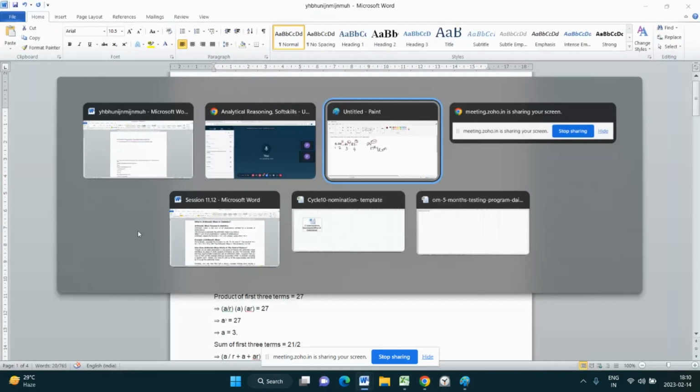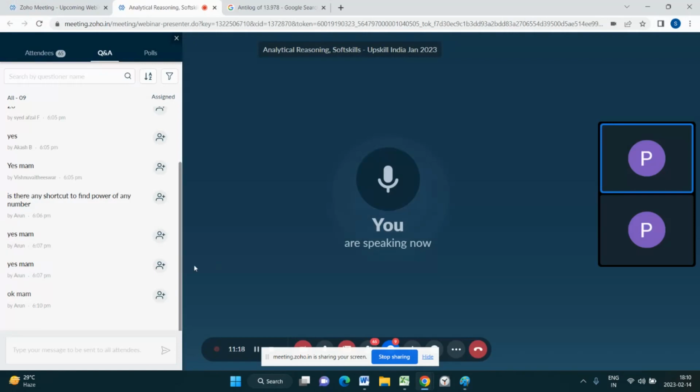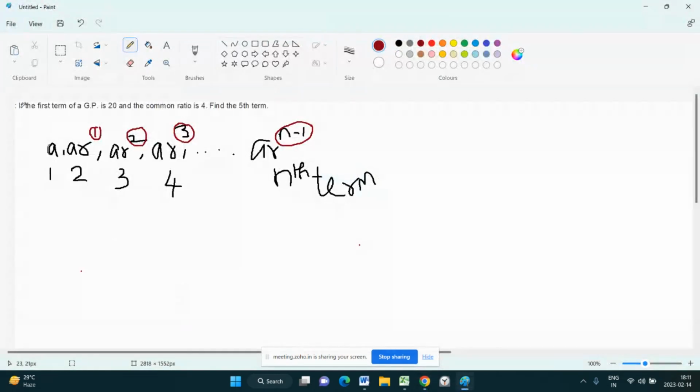First number is A, right? Agreed? First number is always A. Correct? So this particular problem says A is equal to 20. Common ratio is R is equal to 4.